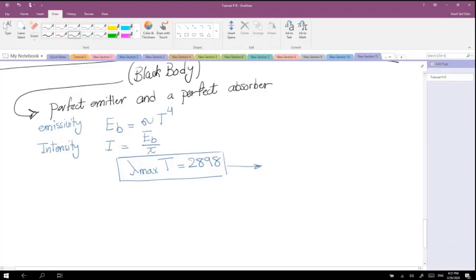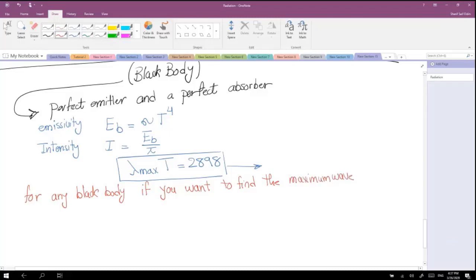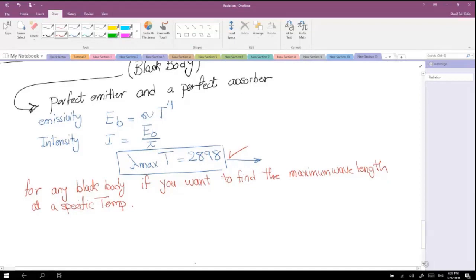So this is basically if you want to find, for any black body, the maximum wavelength at a specific temperature, you have to use this equation, right?